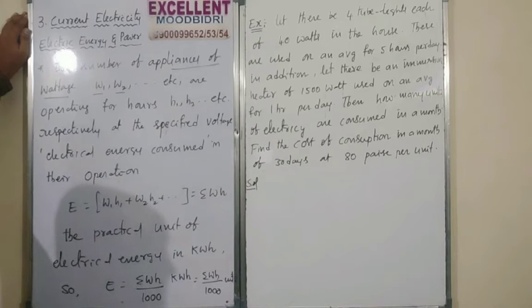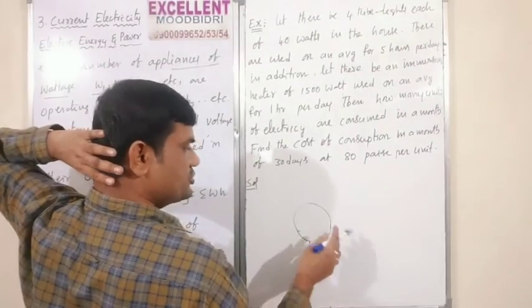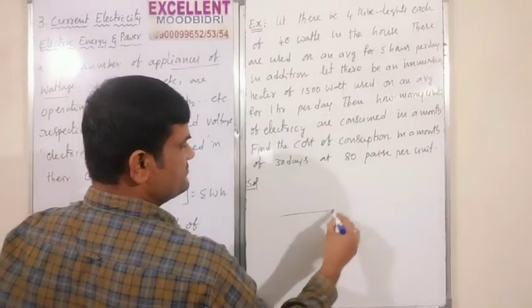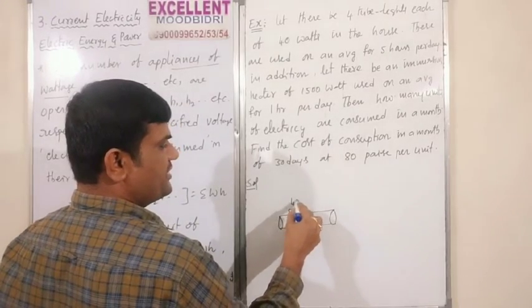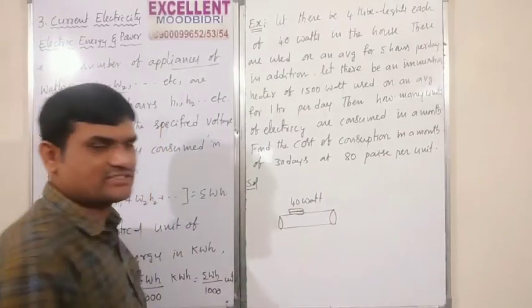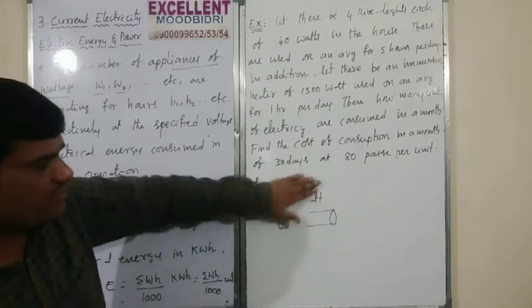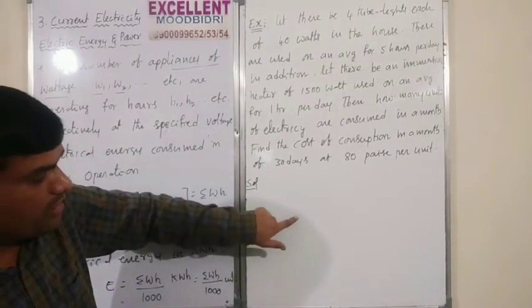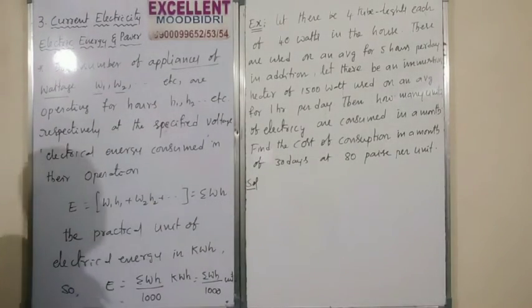For example, a 60 watt bulb, a 40 watt tube light; they print it on the bulb. Wattage is a printed value. That means the bulb can consume that much power. That is the meaning.